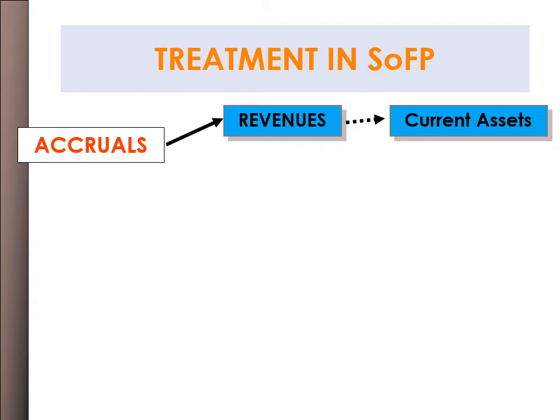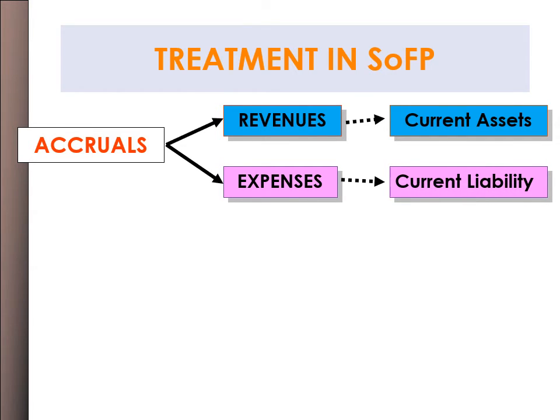Accrued revenues means that the revenue should have been received in cash but has not yet been received, so the treatment in the statement of financial position should be recorded as a current asset. And accrued expenses means you have not paid the expenses, so the treatment will be a current liability because you actually owe a third party or somebody else.